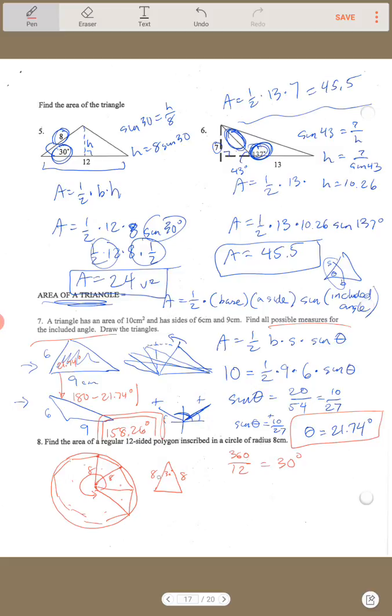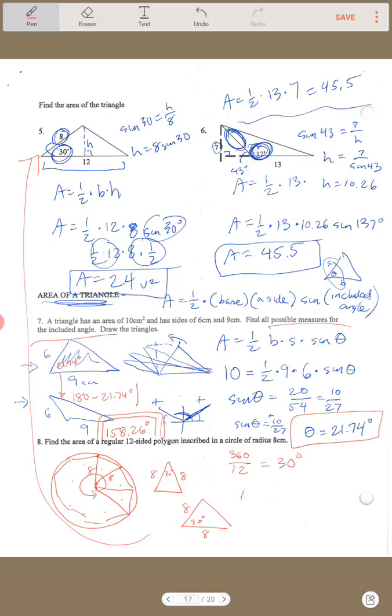So what you have is a side, angle, side. And from here, we can actually find the area of this triangle. If you just tilt it, you'll know that this is 8, this is 8, this is 30 degrees. And now this is basically a problem just like problem number 5. Okay?